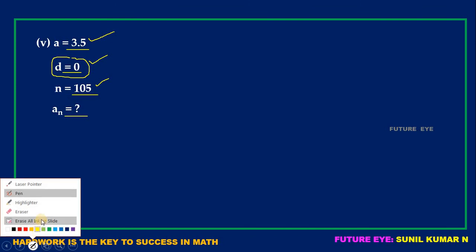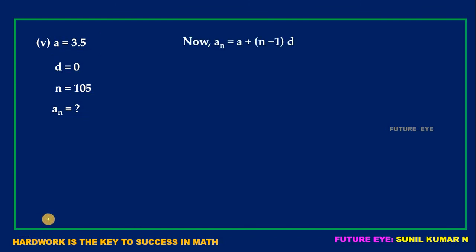Anyhow, you check it by using the formula. Take the formula, substitute the values here, and look at here. We have 105 minus 1. So 105 minus 1 is how much? That is 104. Now 104 multiplied by 0 is nothing but 0 only. Now 3.5 added to 0, we get 3.5 only.